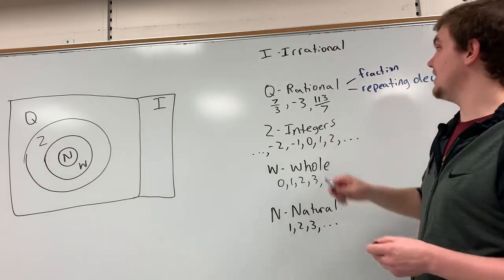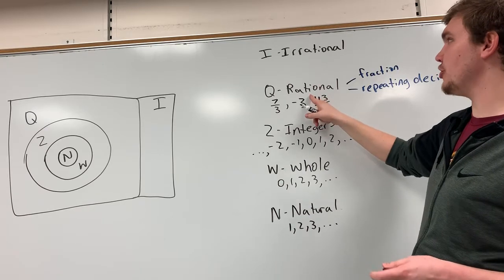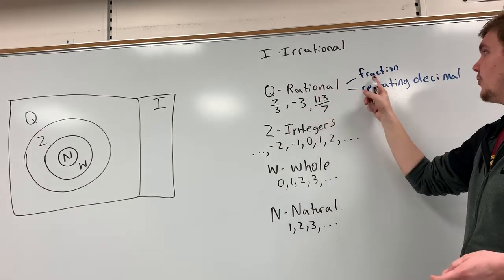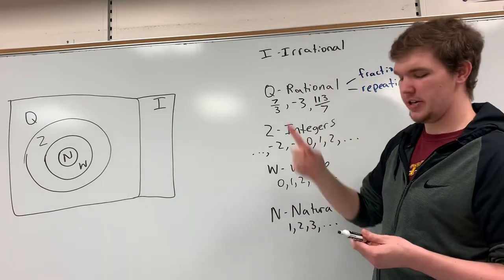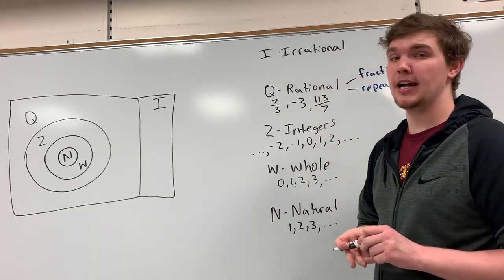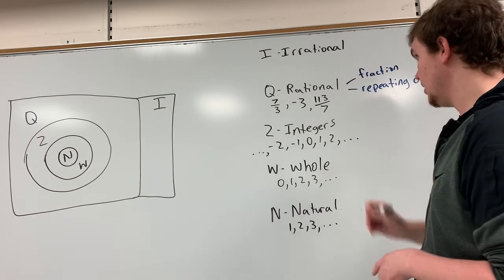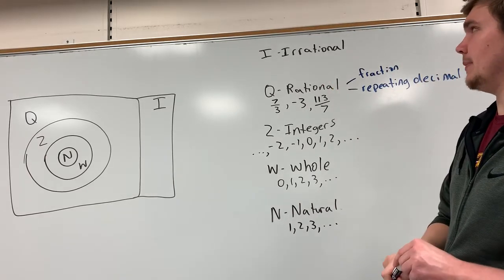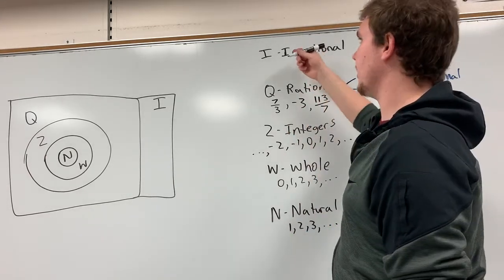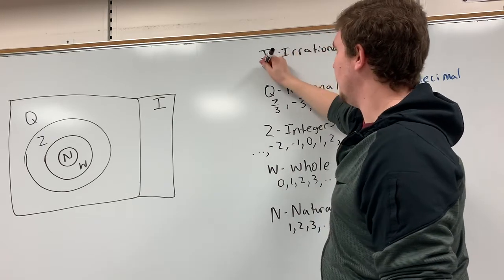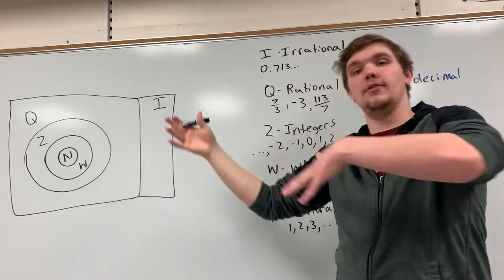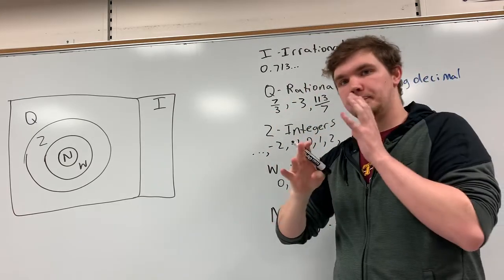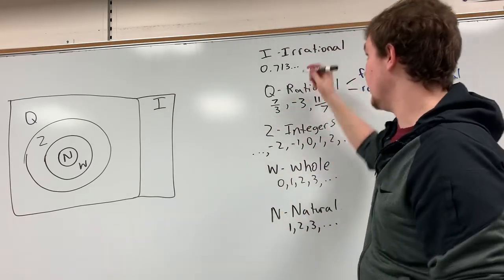Since rational numbers are either written as fractions or repeating decimals, that means irrational numbers cannot be written as fractions or repeating decimals. So some examples of irrational numbers would include, how about 0.713 and it goes on forever, right? It never repeats or ends, something like that.